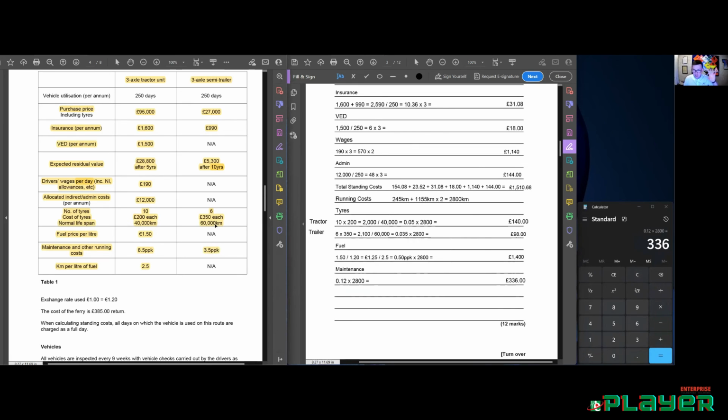If I'd looked at my highlighting then, I would have noticed that I'd missed a cost out. That's why I did it. So I've now got to put in my total running costs. What did I have for my running costs? 140 plus 98 plus 1,400 plus 336, and equals, let's get them all together.